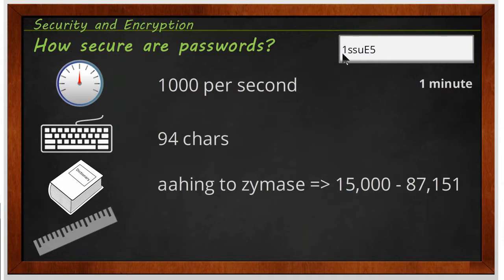If I replace some of the common letters with numbers or symbols, I may have 15,000, but certainly under 100,000, and that's bringing my hacking speed down to less than a minute, even for your average kid in their bedroom. So that's certainly not good enough. So 6 characters, recognised word, not secure enough.